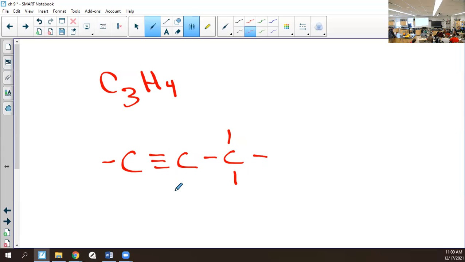Is that what you have? All right. This is the structure I get. The central atom would be this one, correct? What is its structure?